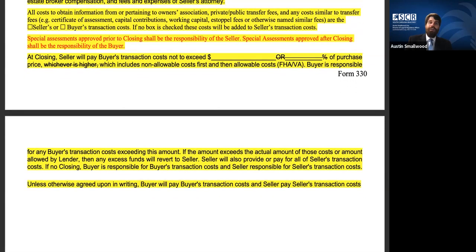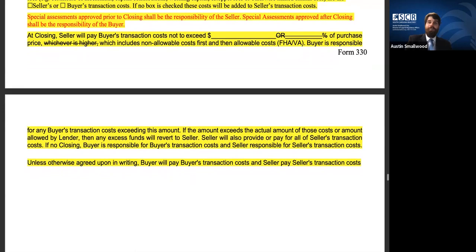Make sure that they are aware that "not to exceed" are the key words there. So if there are $10,000 in costs and they put $15,000 here, they're not getting $15,000, they're going to get $10,000. They don't get an extra $5,000 to spend as they wish. But likewise, if they put 10 in here and it was actually 15, then the buyer is going to pick up that remaining 5.